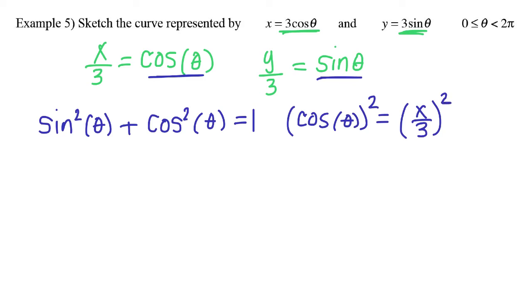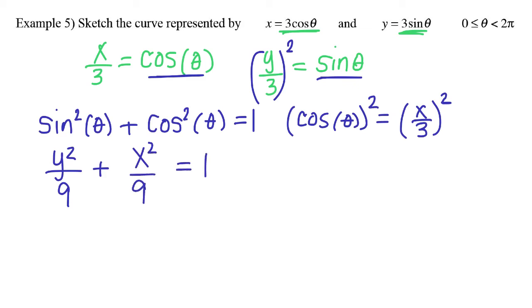And the same would go for your sine value. Sine squared, I would need to square both sides of my equation. So that's going to give me y squared over 9 plus x squared over 9 equals 1.